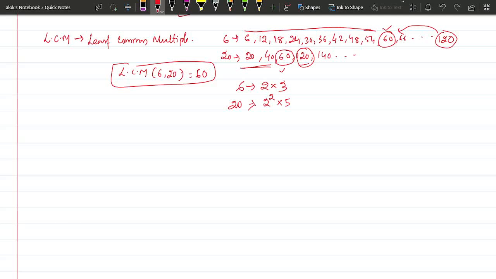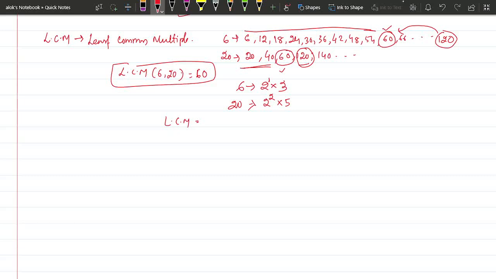Now we find the LCM. Here we'll take the highest power of the factors. We'll take the term having the highest power.